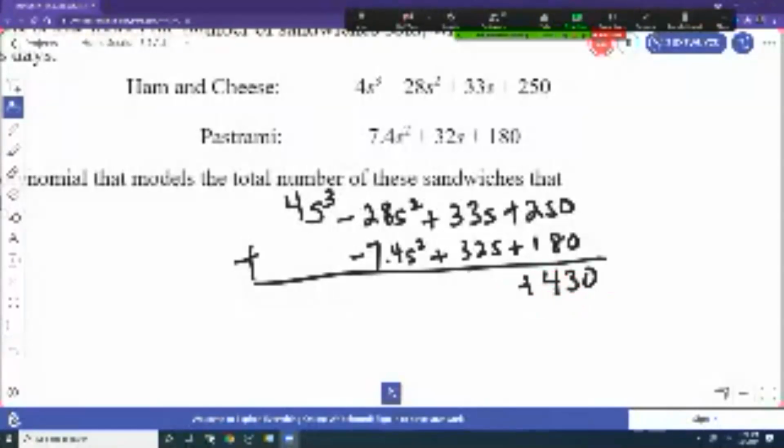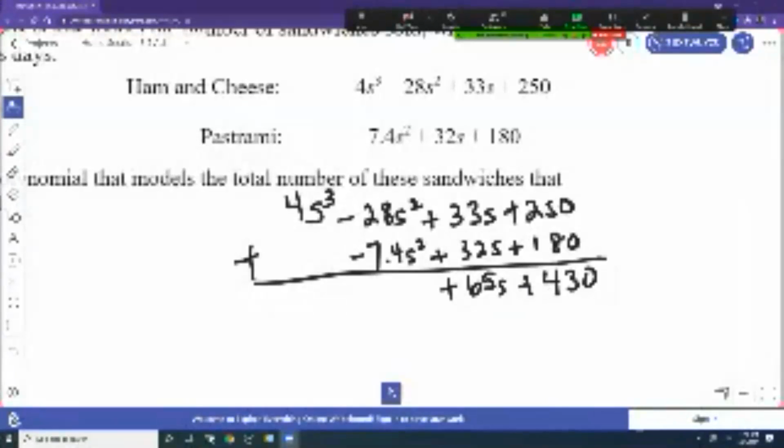The next one, 33s plus 32s. What is it? 65s. That's a plus.